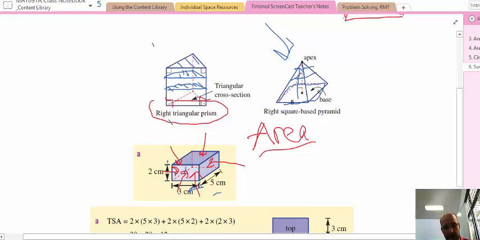Like in that rectangular prism I've just put arrows on, it would have 6 faces, and because it's a rectangular prism, each opposite face is the same. We know that each face will be a rectangle, so all we do is add the areas of the rectangles together, and we have what's called total surface area.